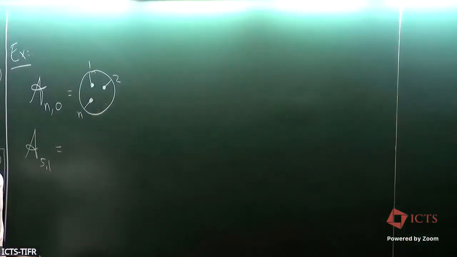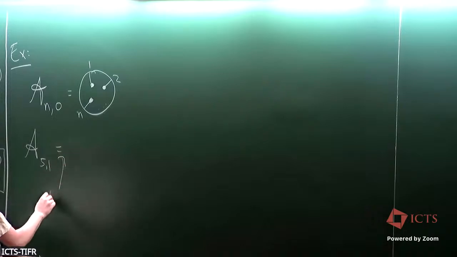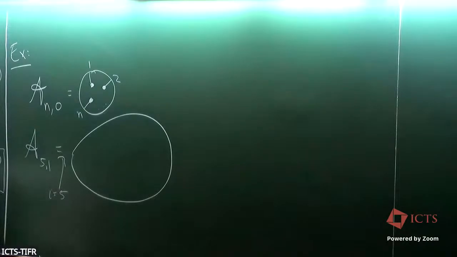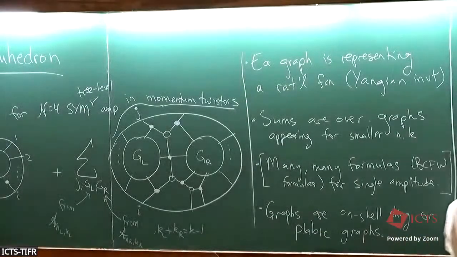So for some choice of I, maybe I choose I equal to 5, the picture I get is this core here, this kind of butterfly.